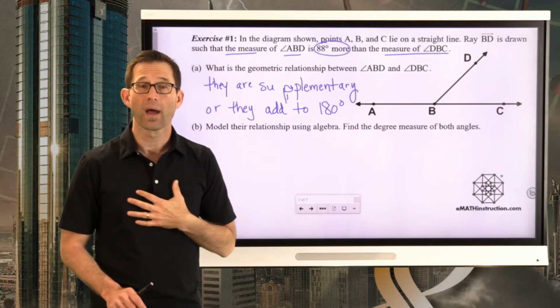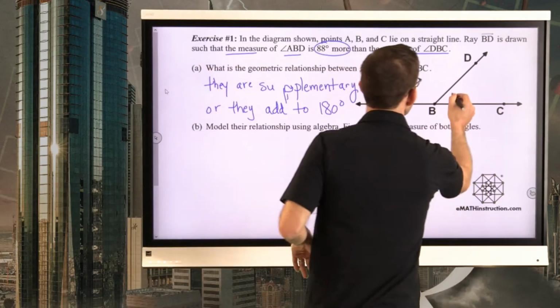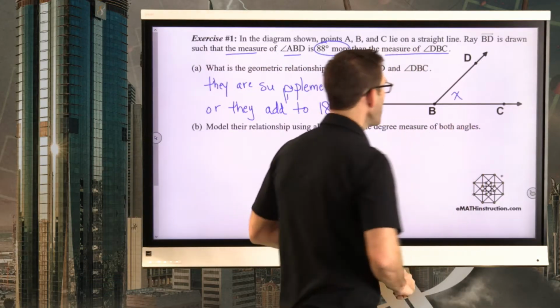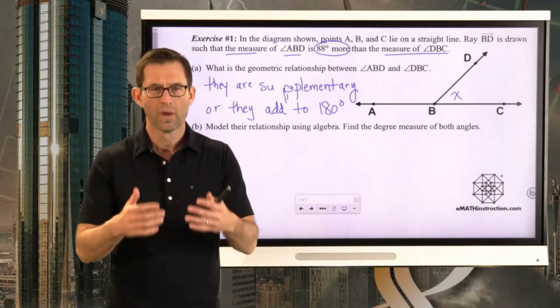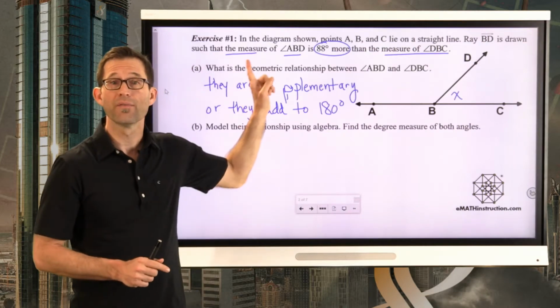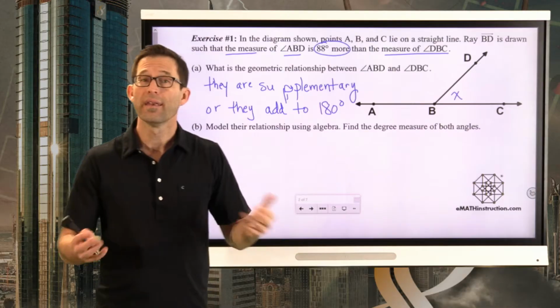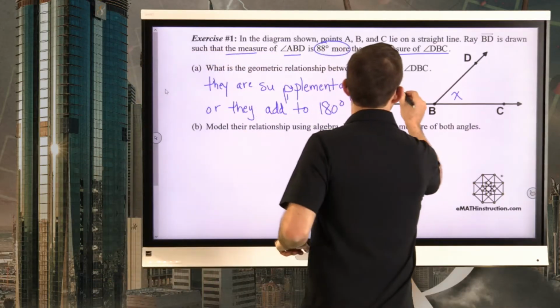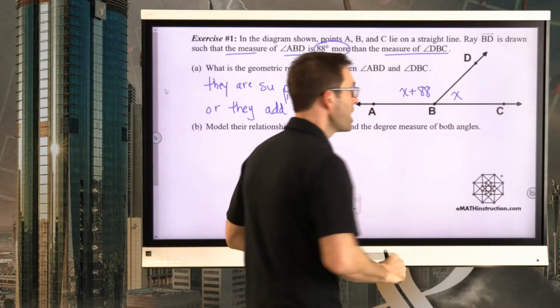Whenever that happens, what I like to do when I model something algebraically is let the angle that everything is based on be the letter X or the letter N, or whatever variable you like. Then the measure of ABD is 88 degrees more than this one. That's easy. That means that this must be X plus 88.